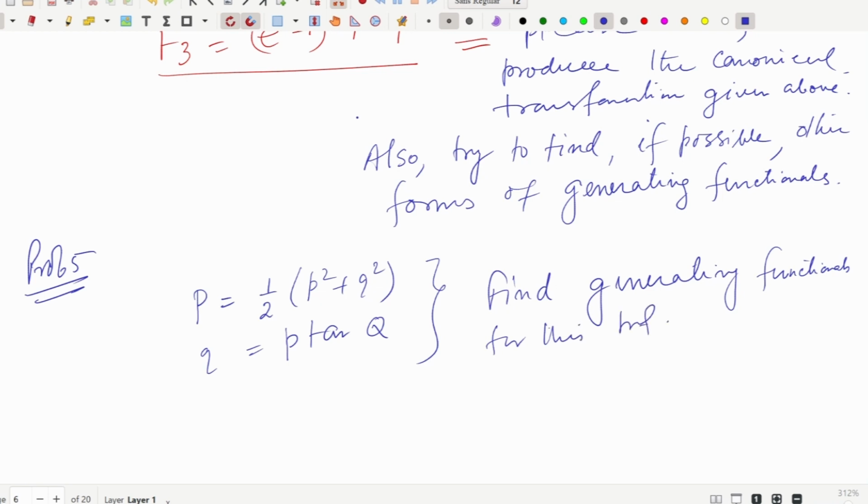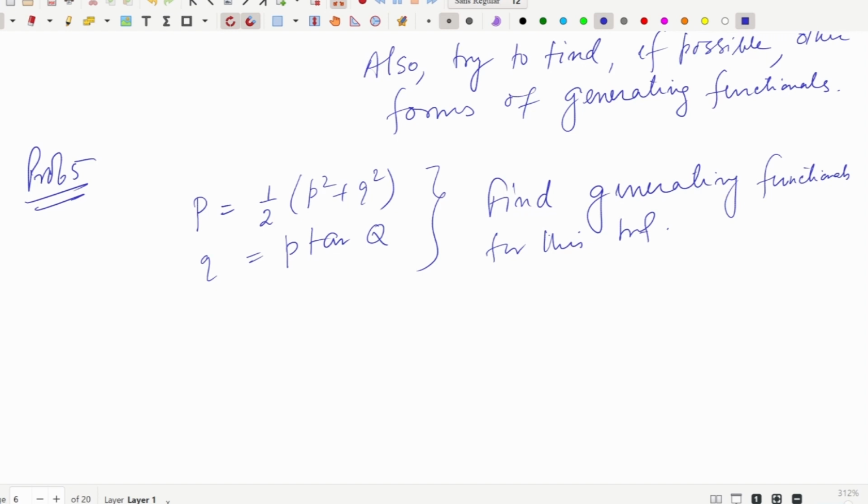For any transformation you need to find the generating functional. My suggestion is that first you check whether this transformation is canonical or not. So, please verify that this is a canonical transformation. Okay. So, let us try to find the generating functional. Maybe we can try F1 and one more. Let me write the solution.